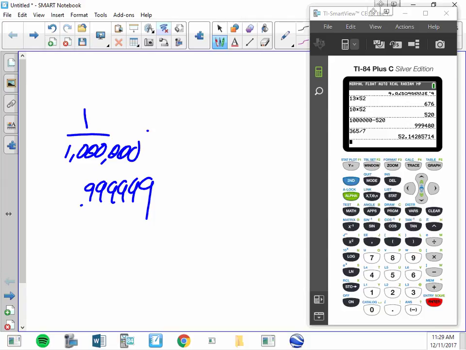True. Oh, does it say false? All right, let's see their explanation. What page is it on?